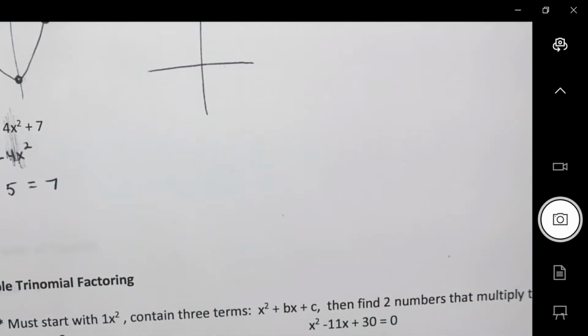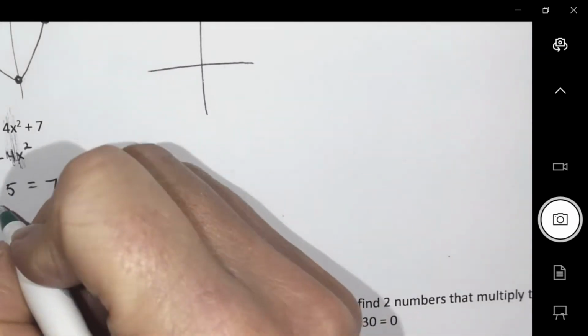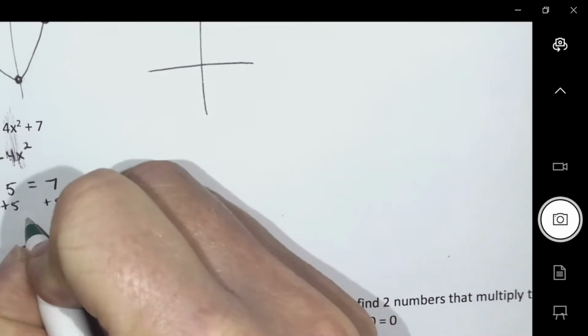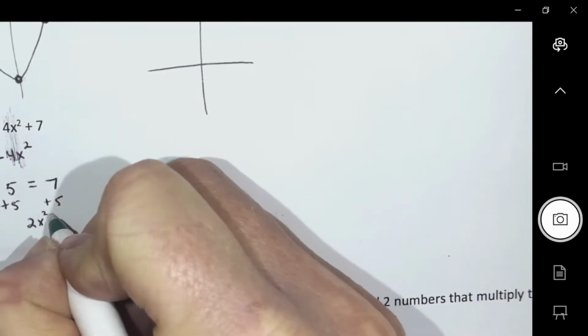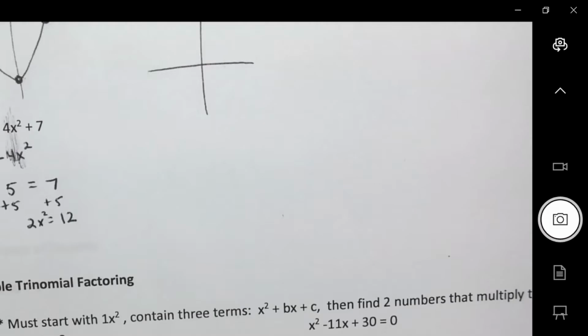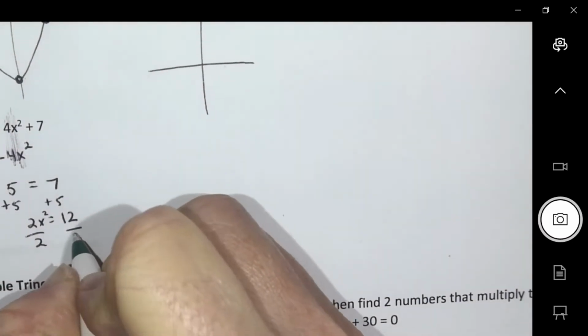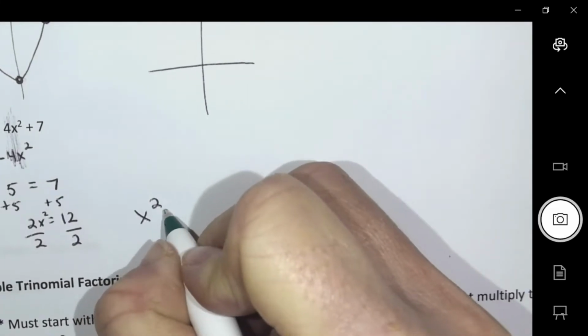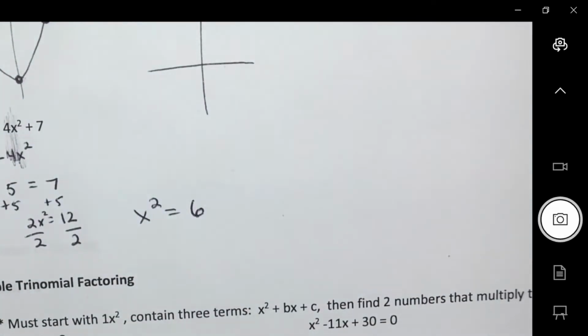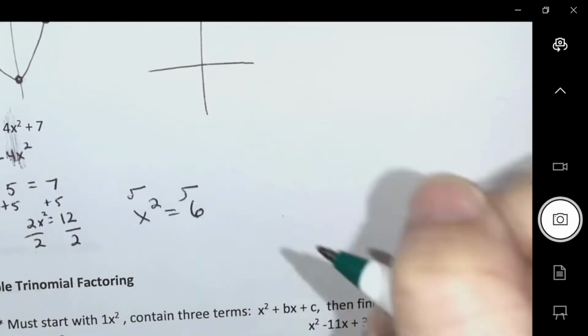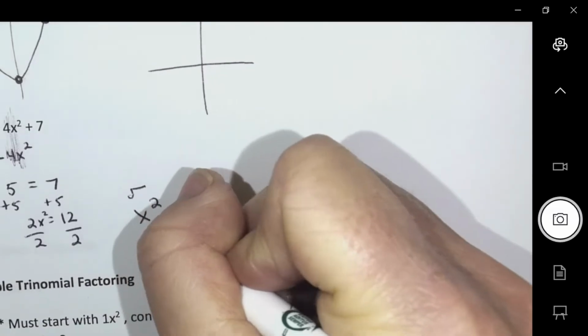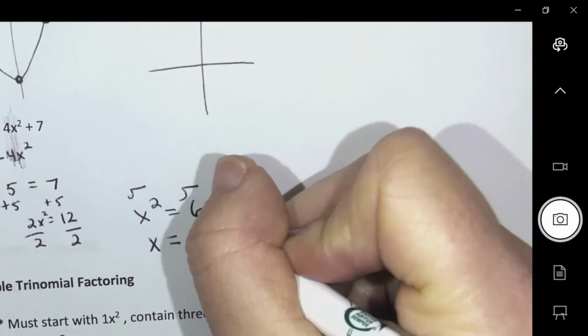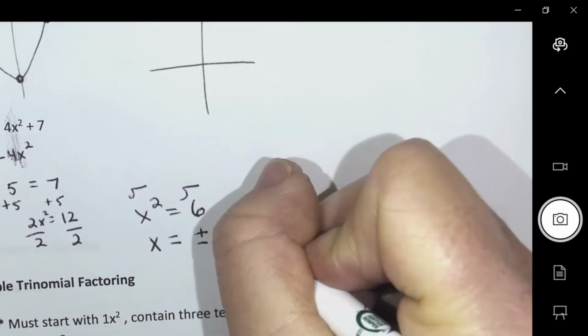Okay, so that's my first step. I always tackle the variables to make sure they're together first. Now I'm going to move the numbers. Divide by 2. And then I'm going to square root both sides, so I get x equals square root of 6.